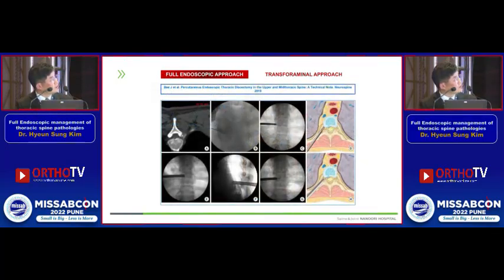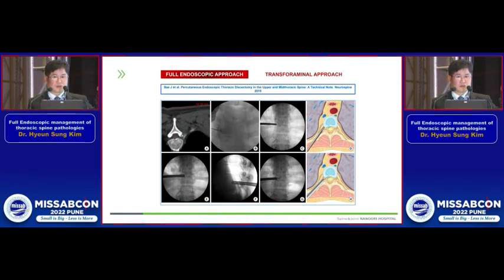But this paper published by Dr. Bae says that with a transforaminal approach with the guide, we can safely access the thoracic disc pathology. But this approach alone cannot easily reach the target point.